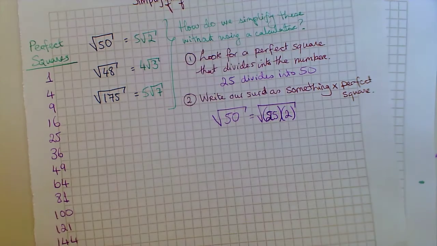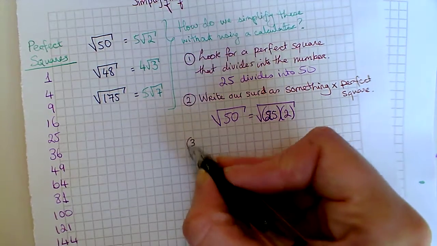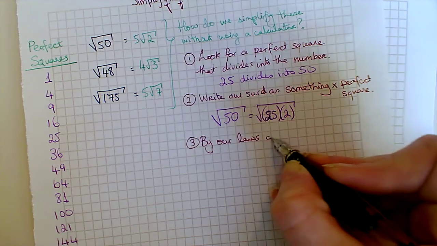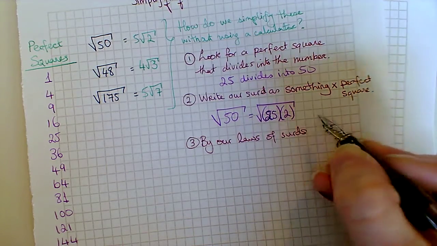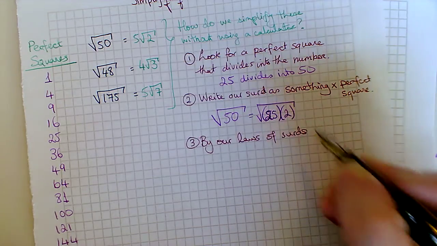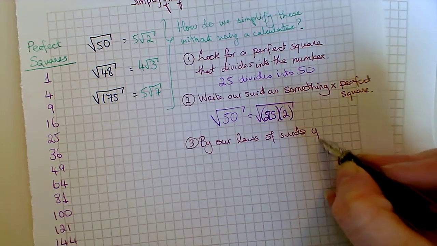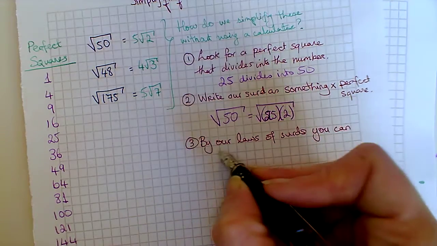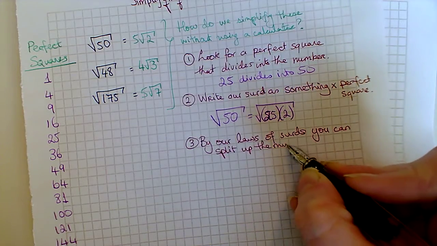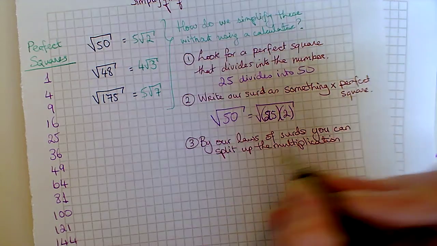And then, by our laws of surds, that can be split into the square root of 25 multiplied by the square root of 2. By the laws of surds, you can split up the multiplication, and simplify.